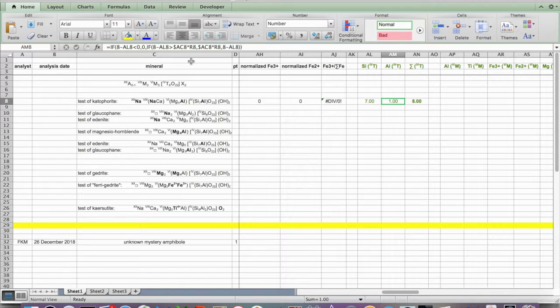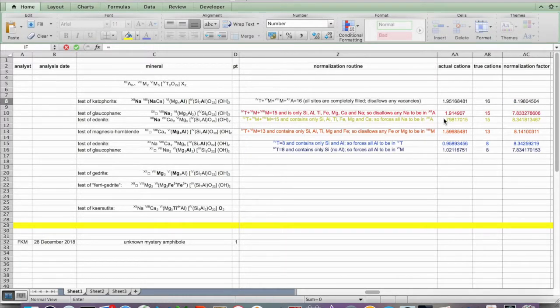Okay, and we're going to redo this same sort of calculation a little further on as we begin to move other cations into different sites. So let's start off with the aluminum that goes into the octahedral site, the six coordinated metal site. Well, there is no other place where aluminum can go. And so here we can very simply say that the aluminum going into this site is equal to the total amount of aluminum that we have available.